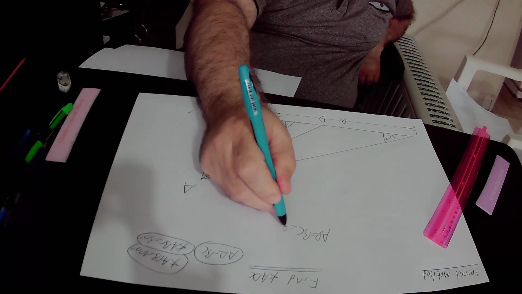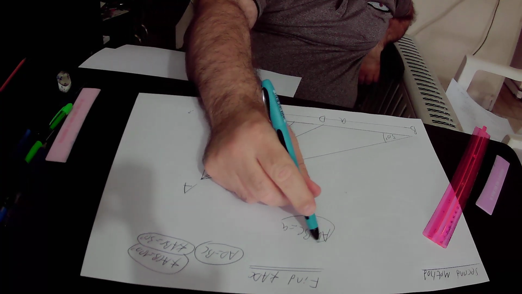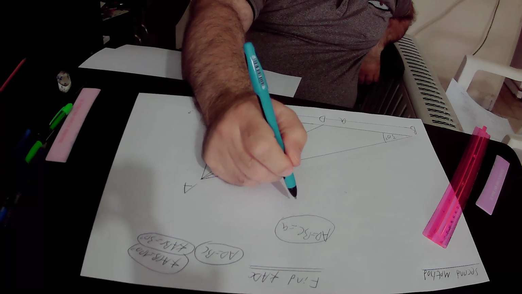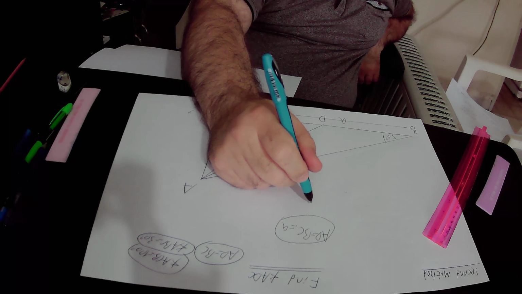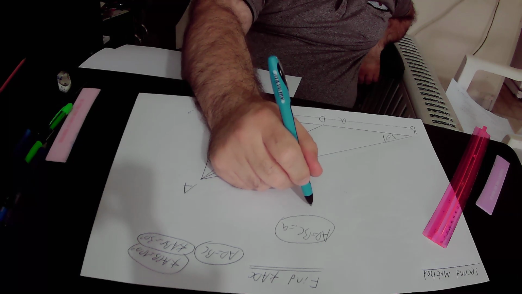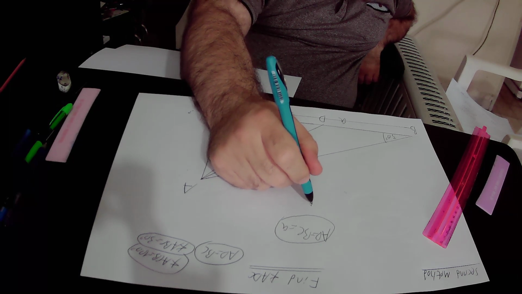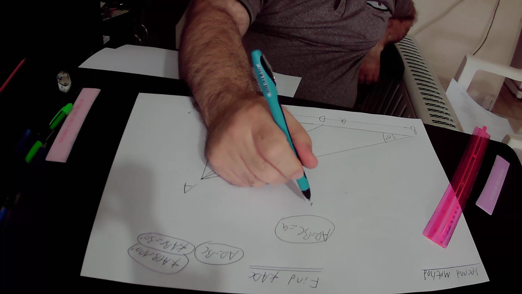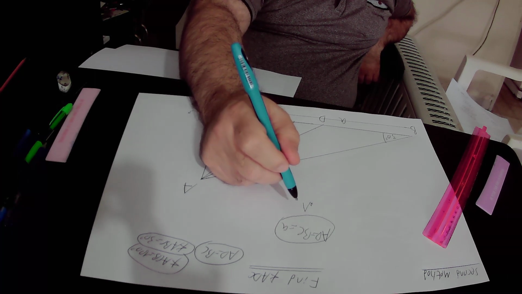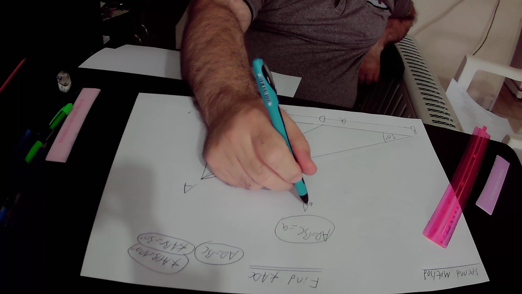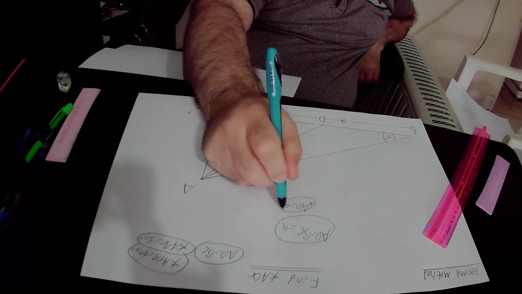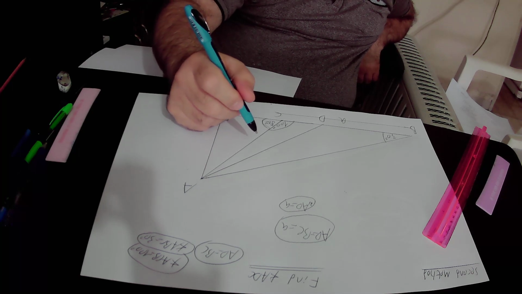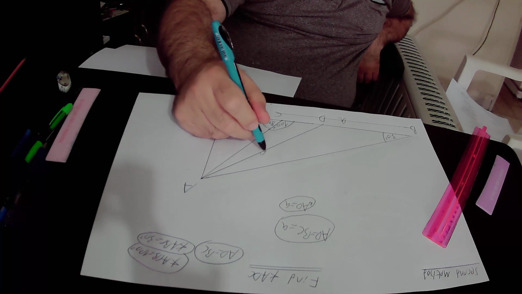So from this equation, we derive that AD also equals A units. So we can write here that AD equals A units.